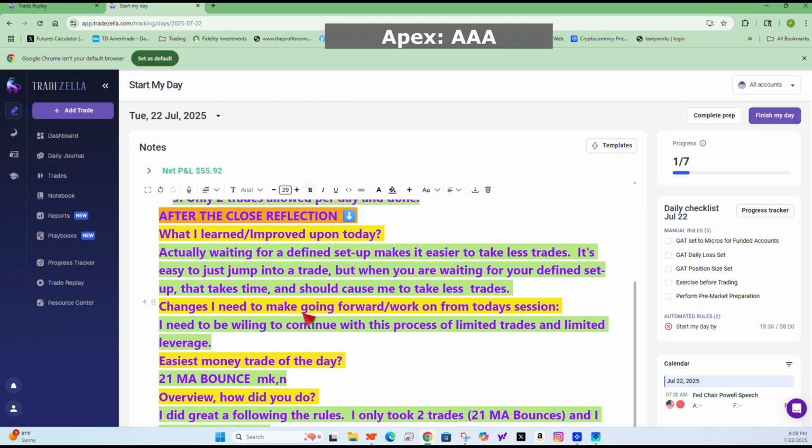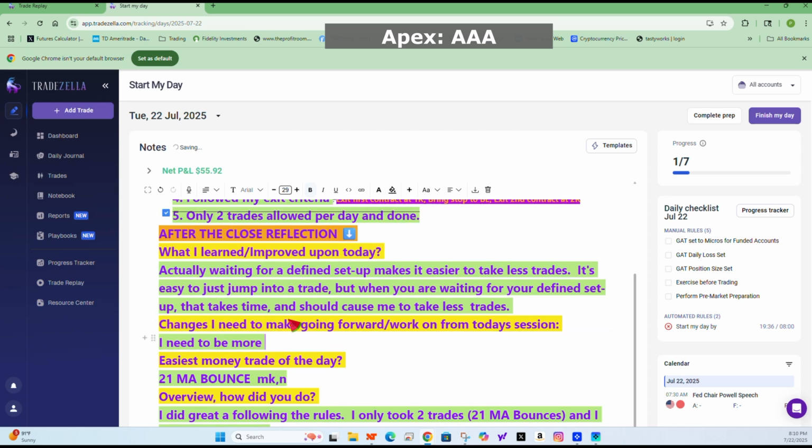All right, changes I need to make going forward and work on from today's session. Well, let's see. I think I need to be more focused so that I can get more precise entries.